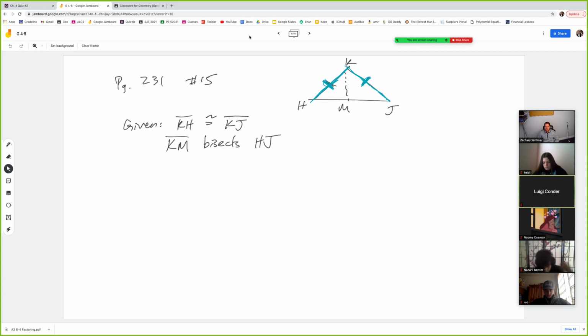Okay? So they wanted you to actually put in KM, right? They're looking for you to put KM and call it KM as the bisector, right? So you've got to draw that line in to say KM bisects HJ.